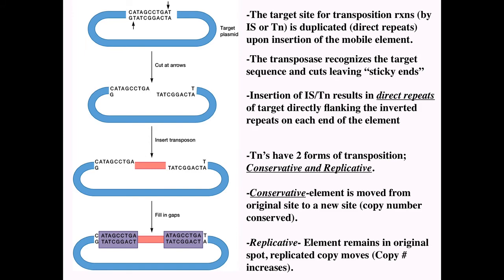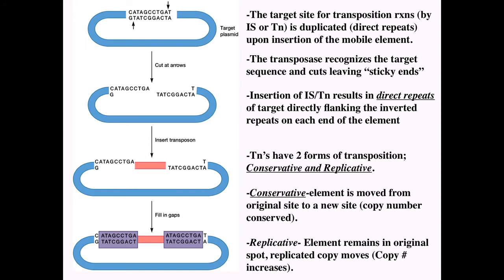But conservative transposition, from an evolutionary point of view, and from abundance, from what we know about how these things tend to work in the real world, is the more unusual form, even though mechanistically it's simpler. Replicative transposition is horrendously complex, people spend their entire careers studying how replicative transposition works. But this is probably the more common form of how transposases and transposons move.